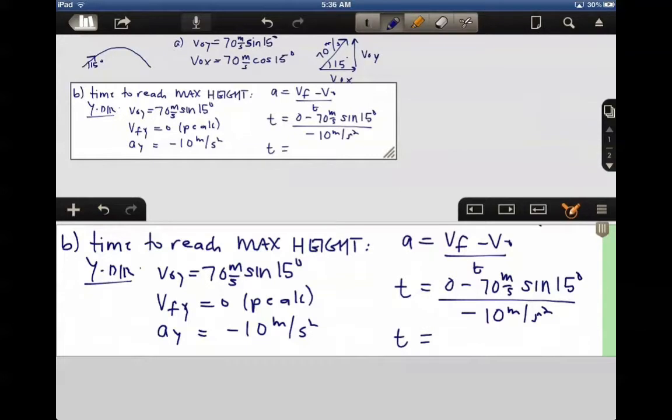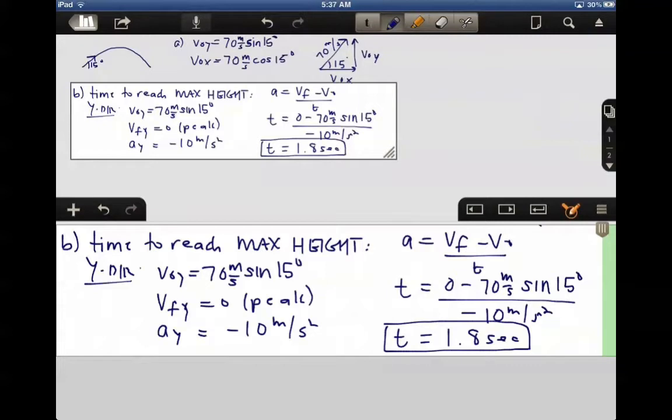And that gets me 1.8 seconds to the peak. Now, I did not ask the question, but a conceivable question would be, what would be the total flight time for this bullet? And the total flight time would be 2 times 1.8, or 3.6 seconds.